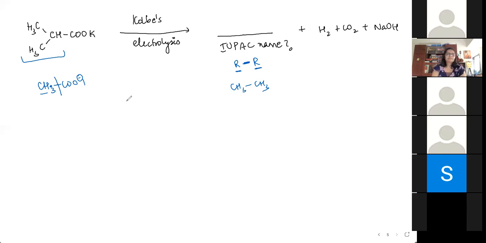So I've given a hint also here, with acetate, this is what happened. So apply the same thing to this other compound also.